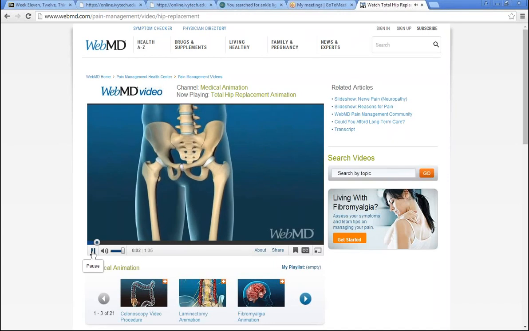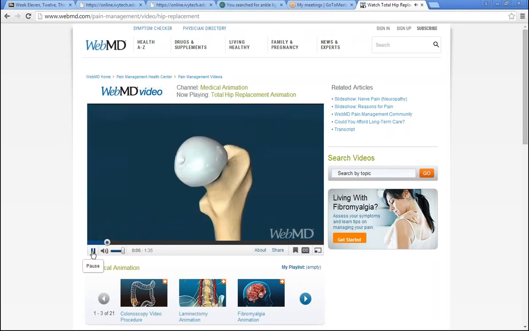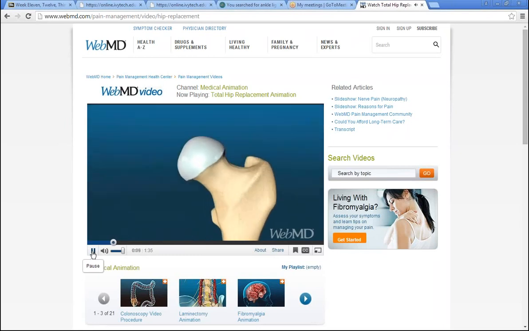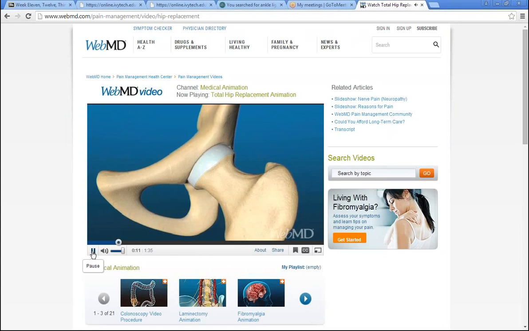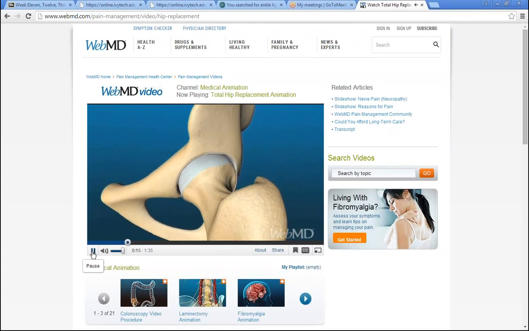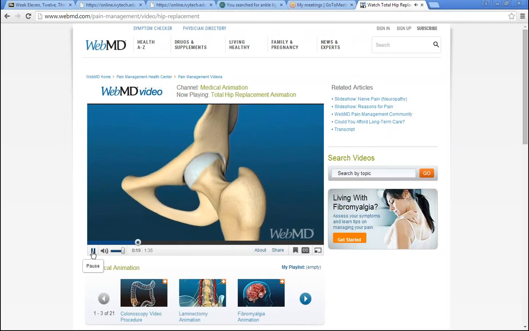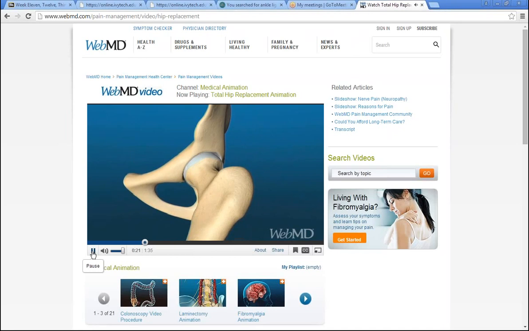During a total hip replacement, your surgeon will replace your hip joint with a prosthetic hip. The hip joint includes the ball-shaped head of the femur, which fits into the socket or acetabulum of the pelvis. Smooth articular cartilage covers the bony surfaces, cushioning the hip joint and allowing the parts to move easily.